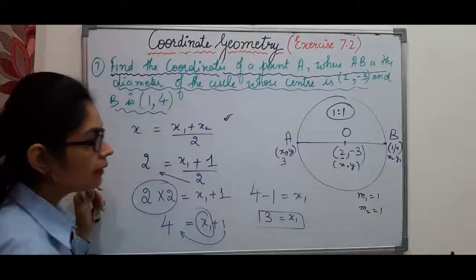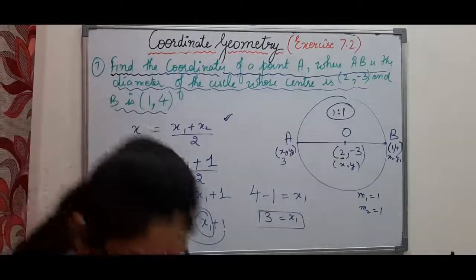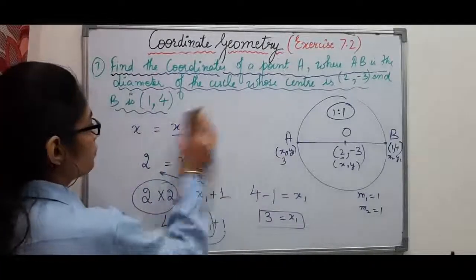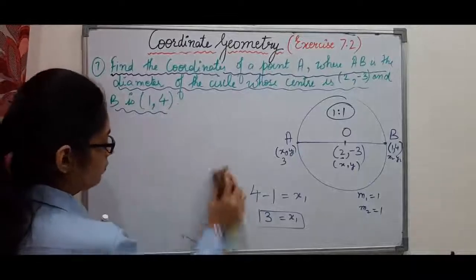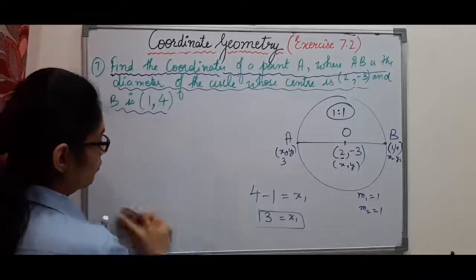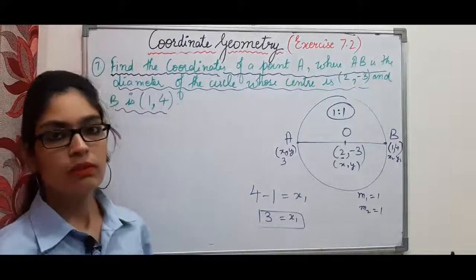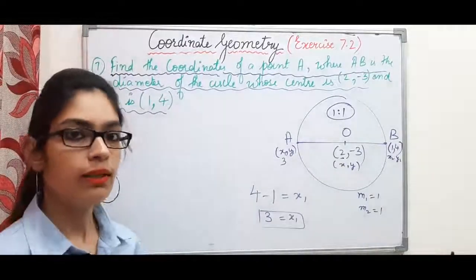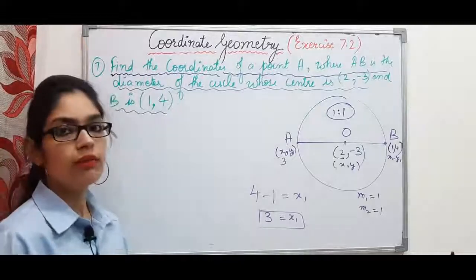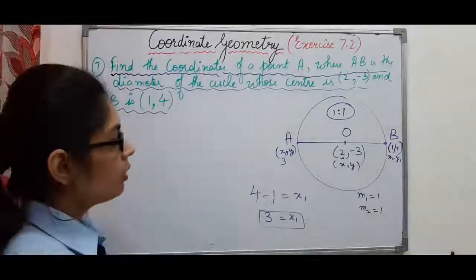Now in the same way we can find the value of y1. If you want, you can try with me. You can just pause the video and try to find the value of y1, and then you can check your answer whether it is correct or not.